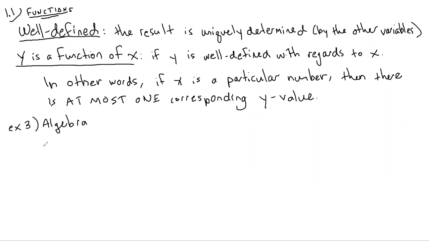Again, we're going to have these two equations here. So we actually have an algebraic expression. The first one is 2x plus 3y is 7.